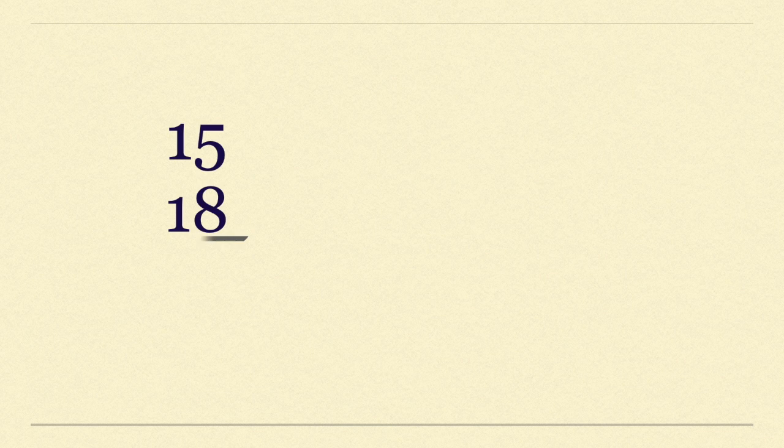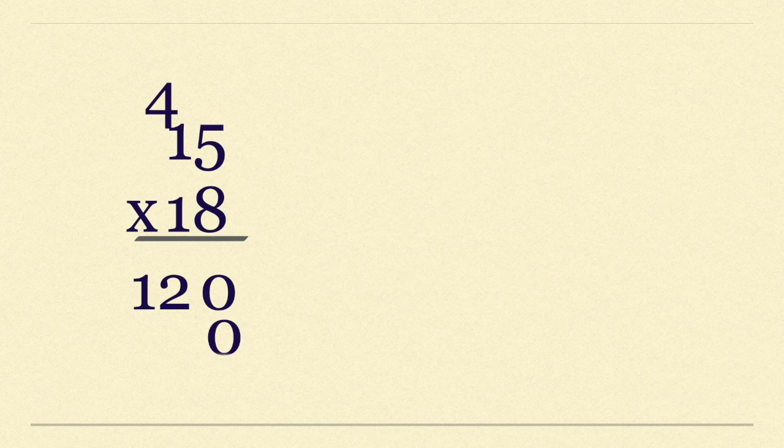15 times 18 in the standard algorithm or the boomer method, I'm going to do 5 times 8, which is 40. I'm going to do 1 times 8 plus 4, which is 12. Now this is where it gets a little tricky because I have to add the 0 here to know that I'm done with the ones column.